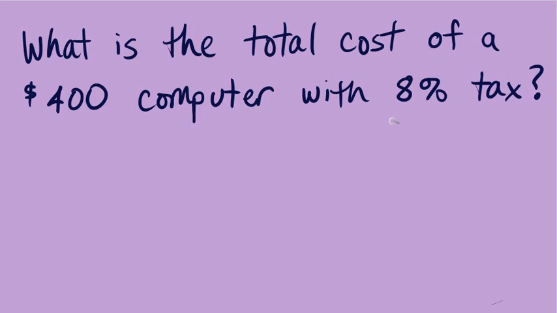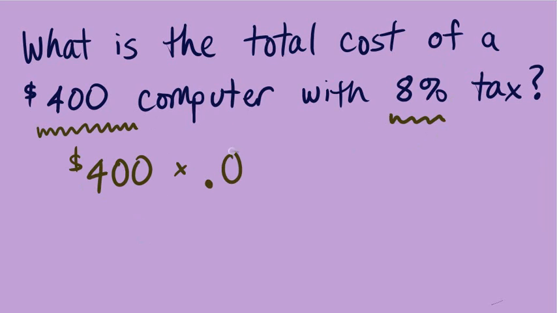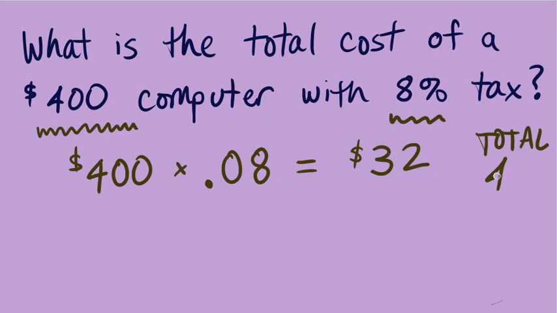So we have a situation here where we have the percent, we have the reference value, the amount that we want to take 8% of, and we know that we do that with a multiplication. The 8% will need to be written as a decimal, 0.08, and it's going to give us our final amount. How much is 8%? It's $32, and then we can add that into the $400 to get our total, $432.